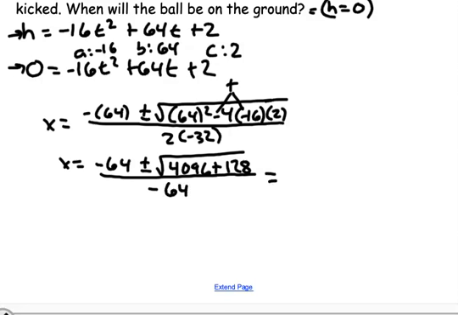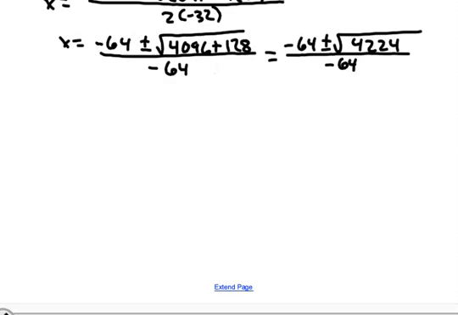That's equal to negative 64 plus or minus the square root of combining those, 4096 plus 128. That gets you 4,224. All of that is over negative 64. Okay? So if you do the square root of 4,224, you end up with a decimal, and that's okay.